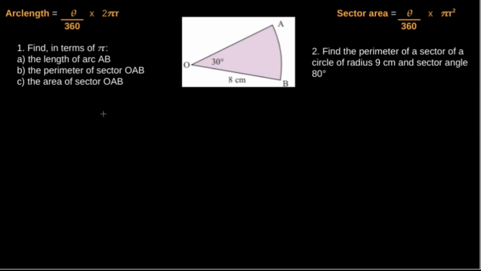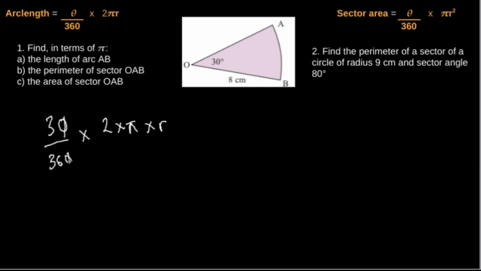So what's our theta? It's 30 over 360 times 2 times pi. Remember, we're not changing pi into its value. We are supposed to leave our answers in terms of pi. So this will give us the length of arc AB right here.